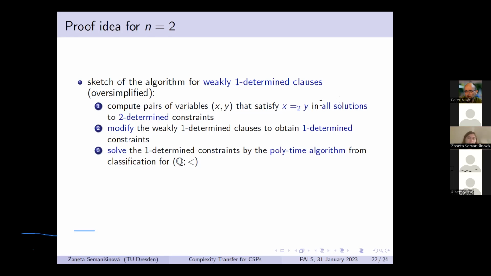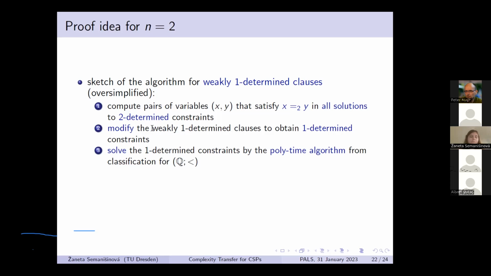Since we know that some of the things will be equal, some of the disjuncts in our clauses are useless, and we can modify our weakly one-determined clauses to obtain one-determined constraints.